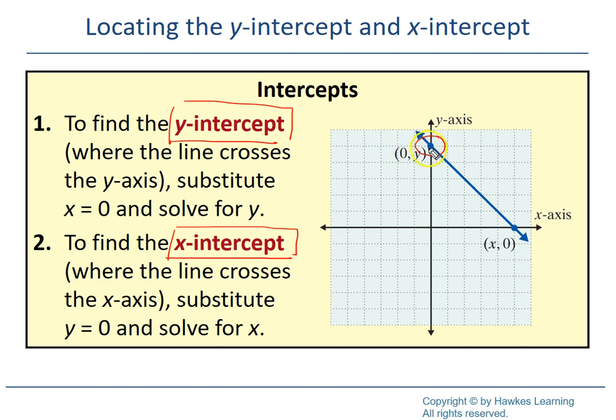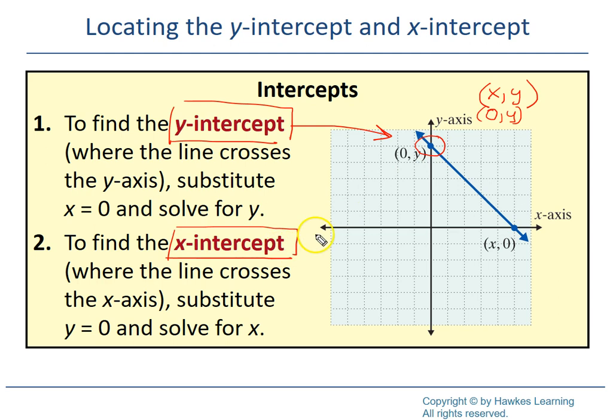And notice if we take the x and the y, when our x value is 0, whatever is in the y position is what we call the y-intercept. That is where the line will cross the y-axis.